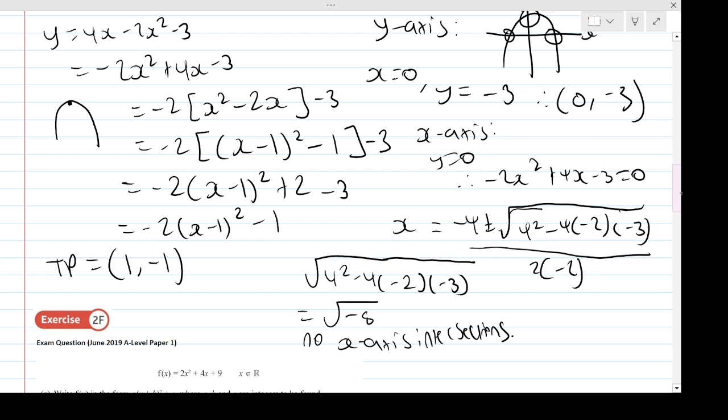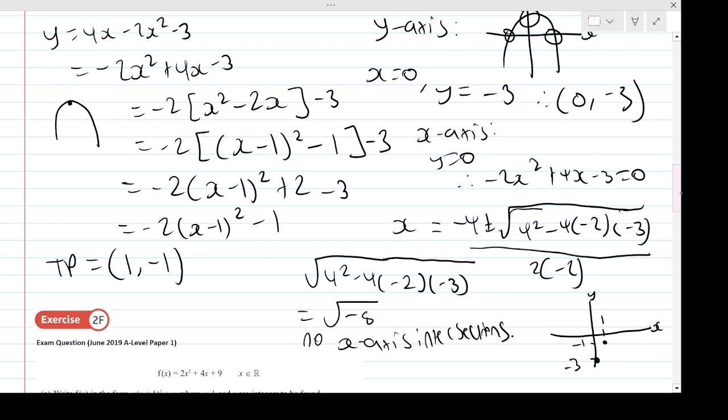So if we piece all that together, let's do a little graph here. It crosses the y-axis at minus 3, and the turning point is at (1, minus 1). So it's going to be about there. If we do the minus 3 over here, it's going to cross the y-axis there, and the turning point is there at (1, minus 1).